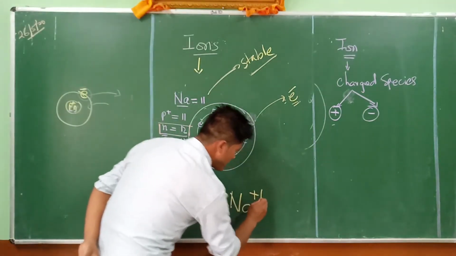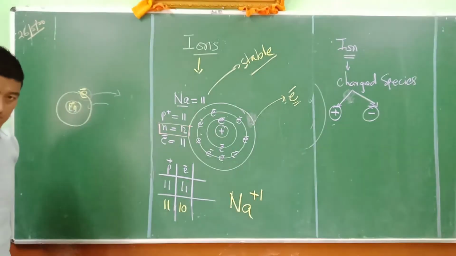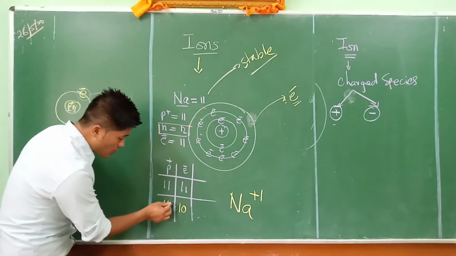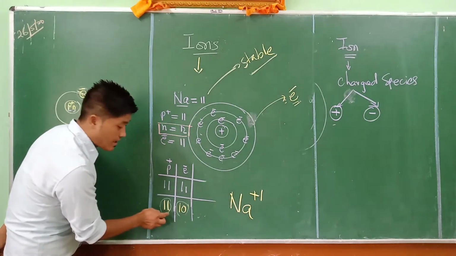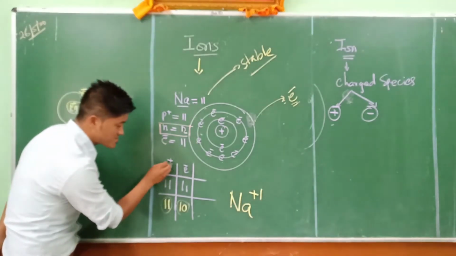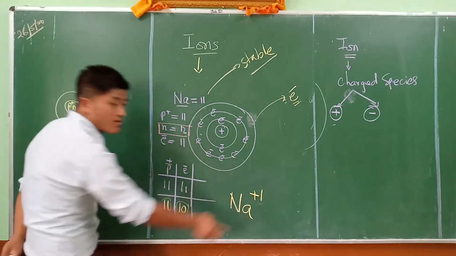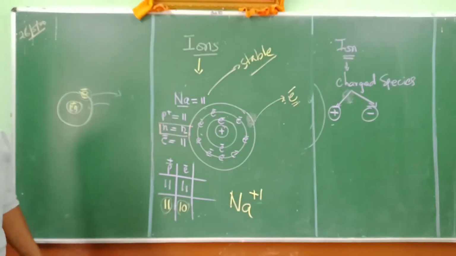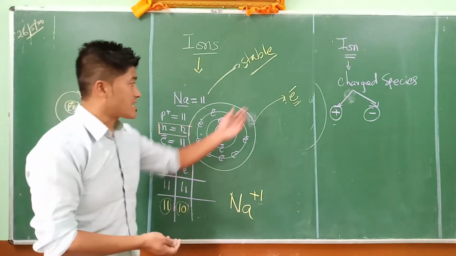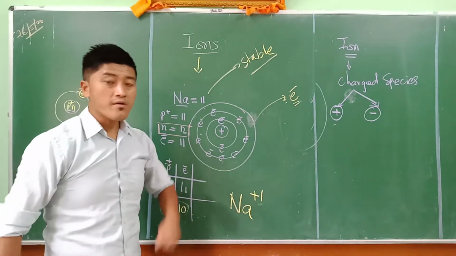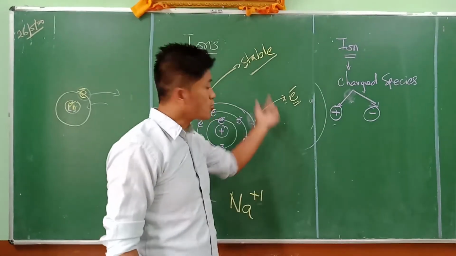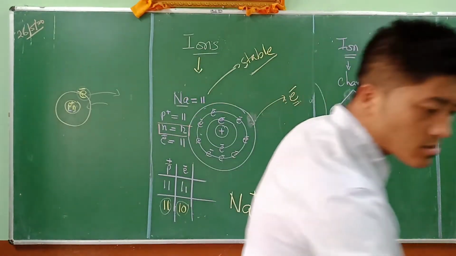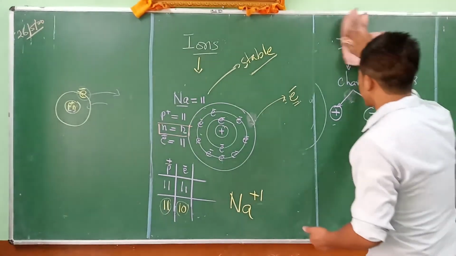That's why we write Na plus 1. Is that clear? So this is 11 and this is 10. There is a difference of 1, and this one is more on the positive side, so I'm going to write positive 1 here. Now you must be thinking, where is this electron? Whenever sodium loses an electron, this electron should go somewhere else, right? So we will discuss that with the next example.